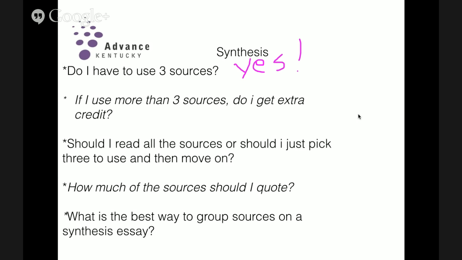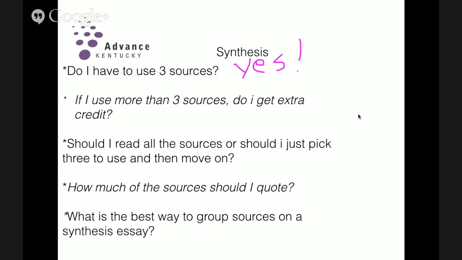So I took it to the table leader and said, please double check this, maybe I'm missing something. And sure enough, the student had only cited 2 sources. So an essay that should have been a 9 actually only got a score of a 4. So yes, you must use 3 sources if you want to get anything above a 4.